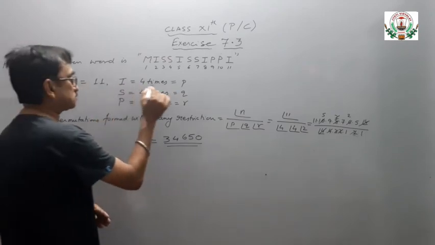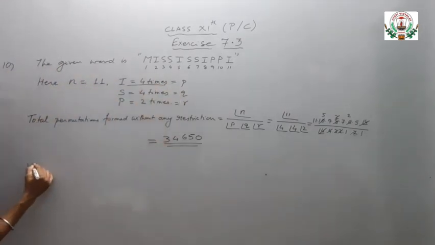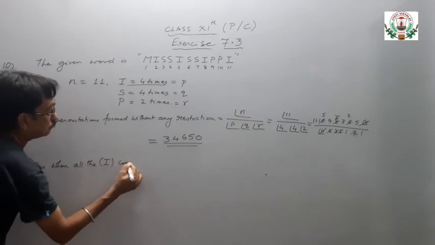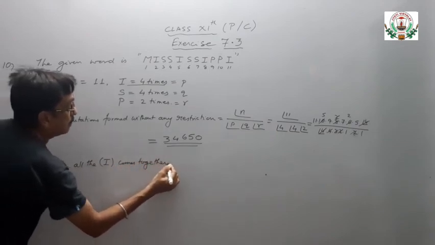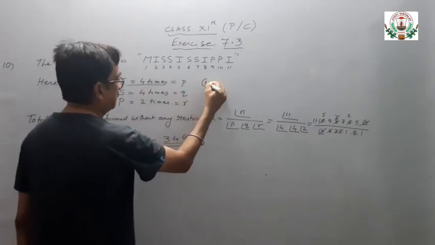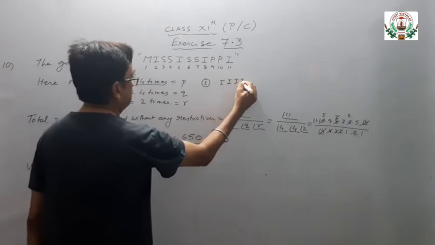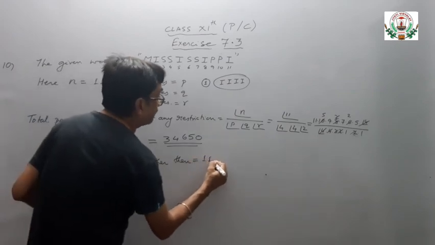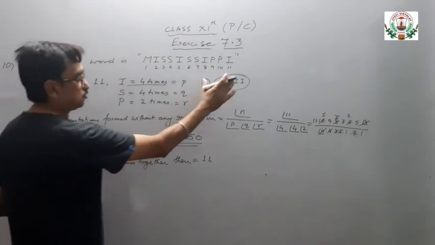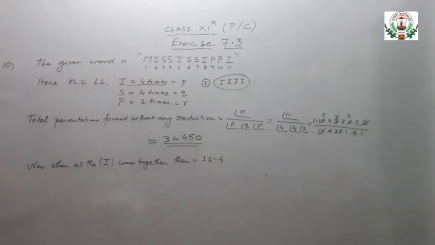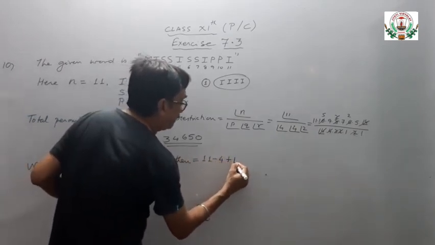Now this is the total number of permutations without any restriction. Now when all the I's come together, if the I's become completely one, we consider it as one letter. We started with 11 letters, and we took 4 out, so 11 minus 4. But we have taken all these 4 I's together as one, so I am going to add 1.